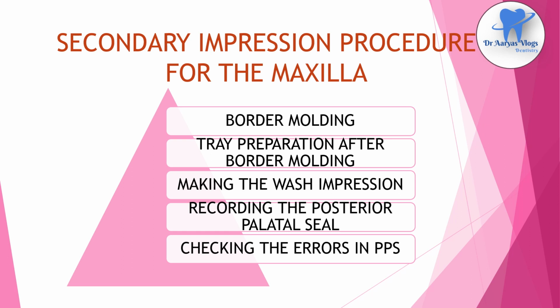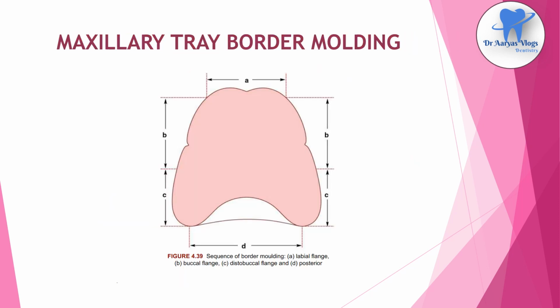For the maxilla, the secondary impression procedure includes border molding, tray preparation after border molding, making the wash impression, recording of the posterior palatal seal and checking for errors in the posterior palatal seal. Coming to the maxillary tray border molding, this is the sequence: labial flange, buccal flange, distal buccal flange and then posterior.